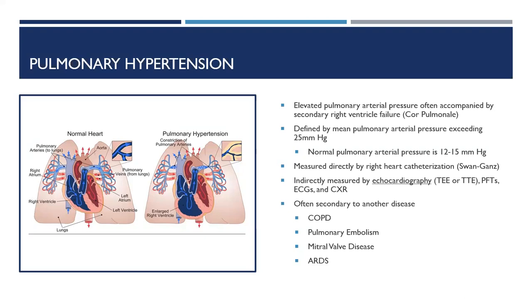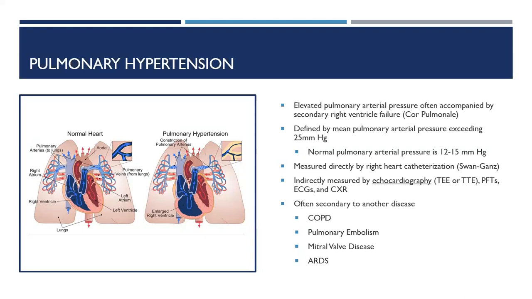We measure it indirectly through echoes. We can do that through a regular transthoracic echo, a TTE, or we can do it through a transesophageal echo, a TEE. We also can see evidence of congestion present on a chest X-ray, and if left long-term, this will result in right ventricular failure, which is better known as cor pulmonale.